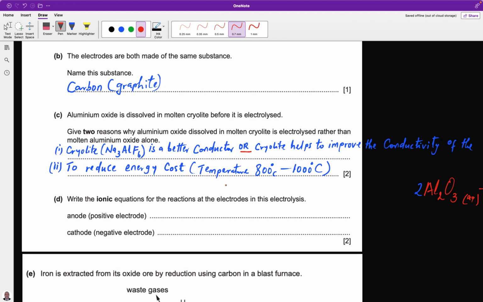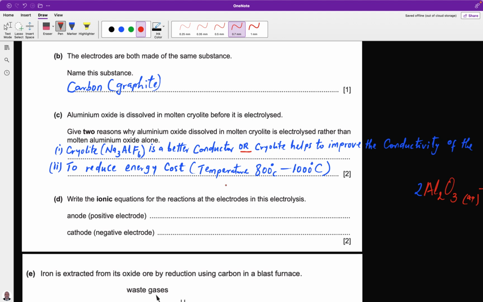Give two reasons why aluminium oxide dissolved in molten cryolite is electrolyzed rather than molten aluminium oxide alone. There are two reasons.